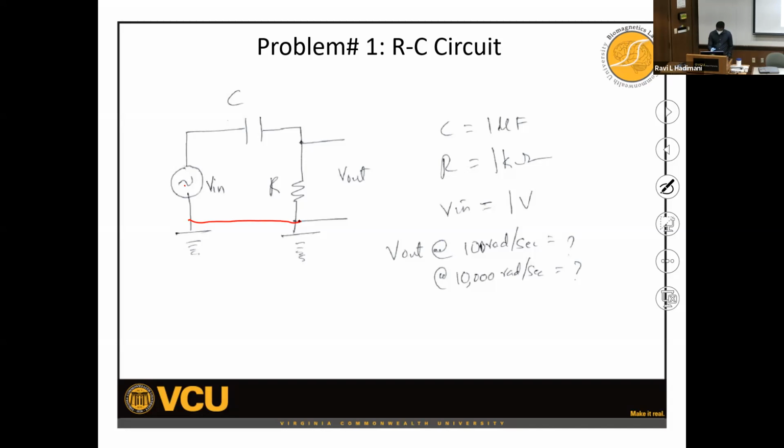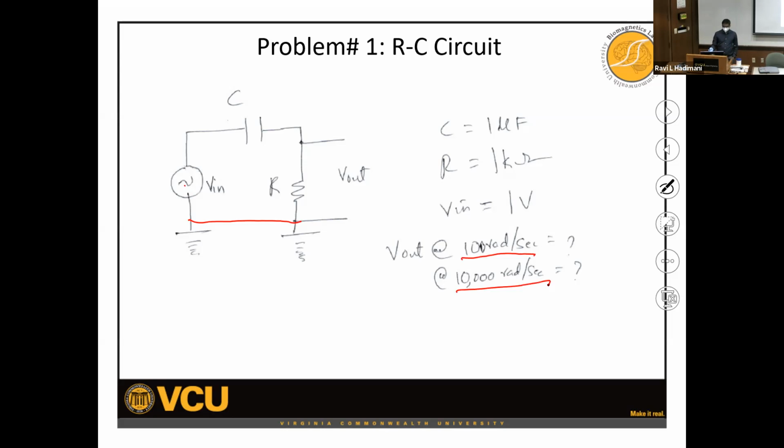In this circuit, the capacitance of the capacitor is 1 microfarad, the resistance of the resistor is 1 kilo ohm, and the voltage in is 1 volt, and we are asked to calculate the voltage out at the resistor, or voltage drop across the resistor, for two frequencies, one at 100 radians per second and another at 10,000 radians per second.